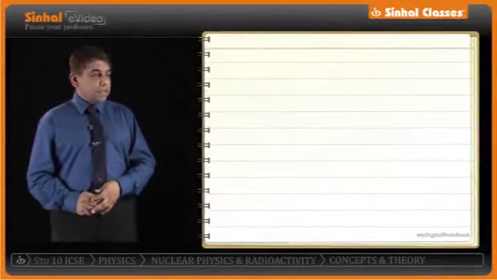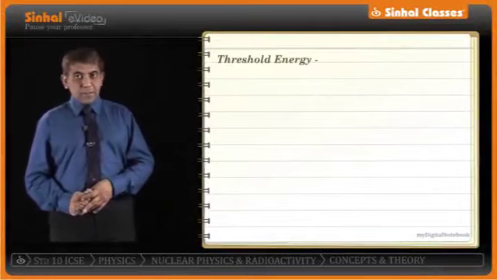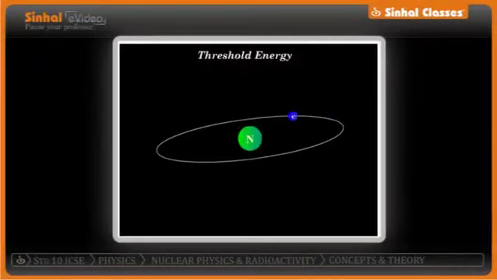The second term that we consider is threshold energy. When we heat this substance electrically and indirectly, the electron present in the outermost orbit is emitted. So the minimum amount of energy required to remove the electron from its outermost orbit, thereby overcoming the binding energy, is called threshold energy.